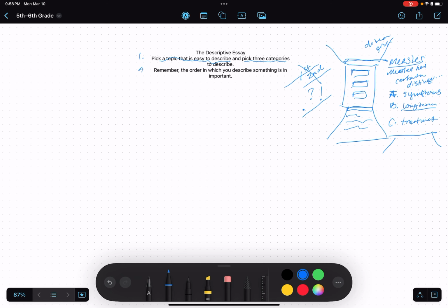The second part of this would be, remember the order in which you describe something is important. Now, every time I teach the descriptive paragraph or the descriptive essay, I always talk about this. It's very important that you not just willy-nilly describe something. Like if you're describing a person, you don't start with their eyes and then talk about what they're wearing and then talk about their hair and then maybe talk about their shoe size.